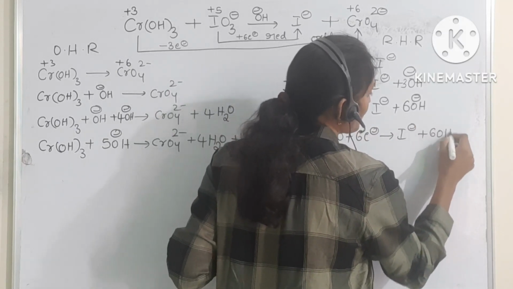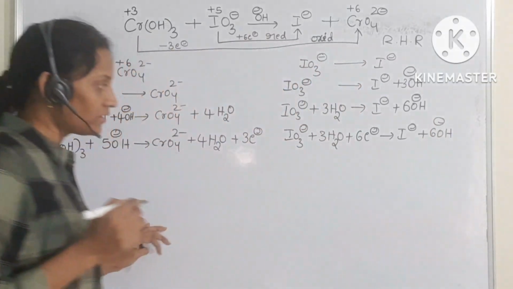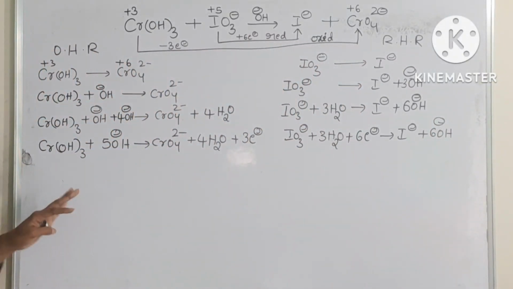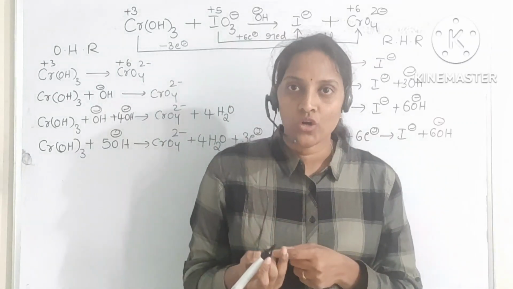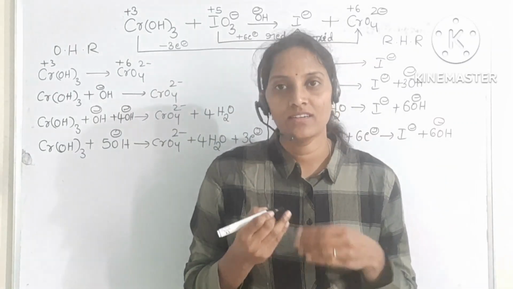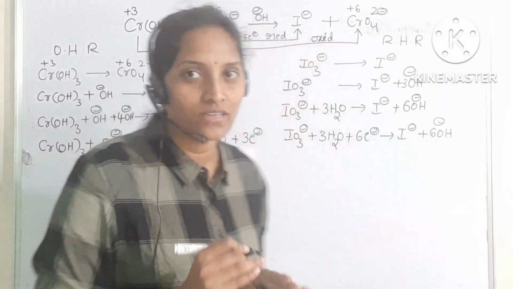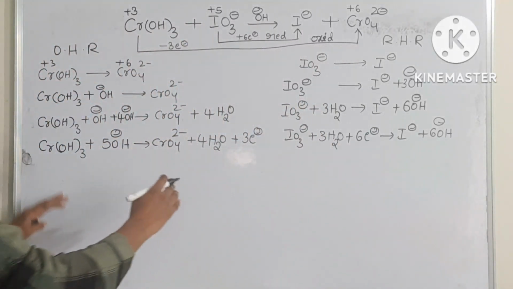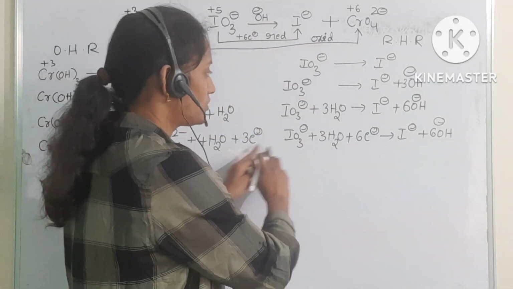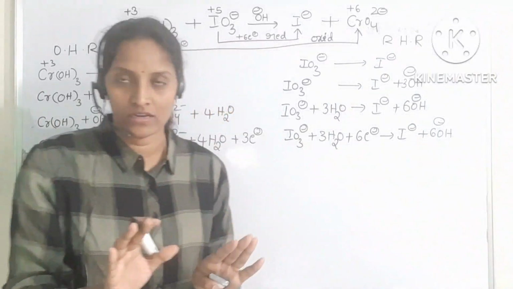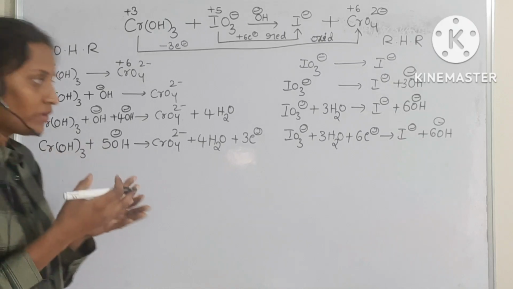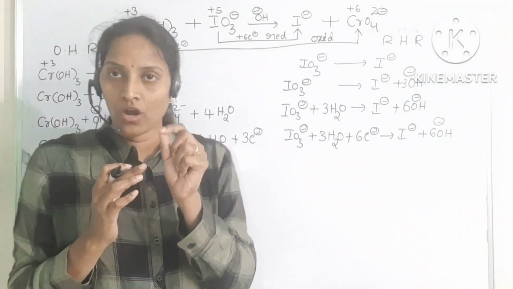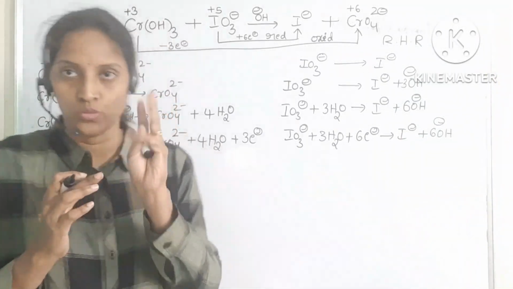After this step, you need to equalize the number of electrons for both the oxidation half reaction and the reduction half reaction. Here there is no need to multiply the reduction half reaction by 3 and the oxidation half reaction by 6. You just equalize by multiplying the oxidation half reaction by 2.